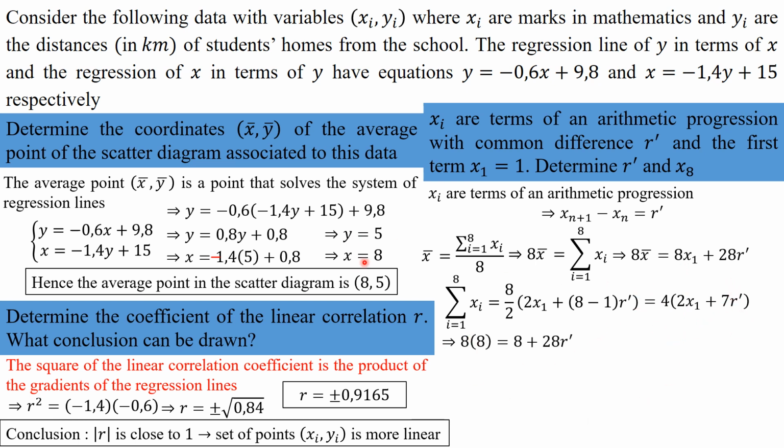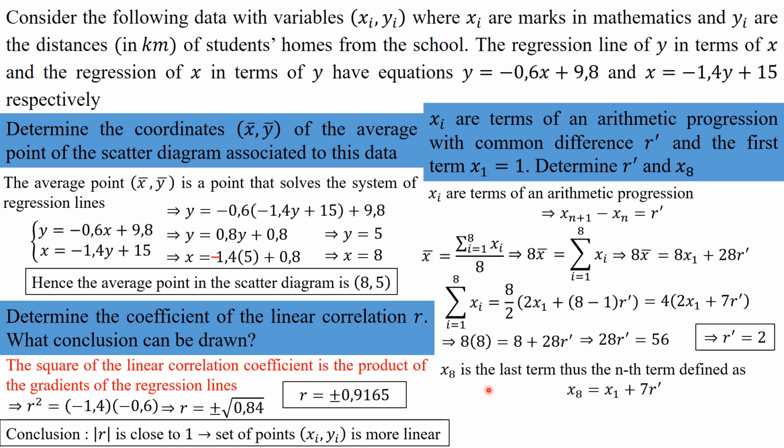Since we calculated our x bar here, it gave us 8. Then we have 8 times 8 equal to 8, because x1 is 1, plus 28 r prime. So 28 r prime is equal to 64 minus 8, which is 56. So our r prime is equal to 2. Now x8 is the last term, thus the nth term.